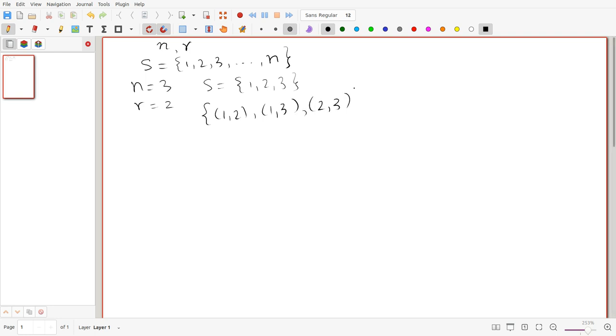So these three elements here are the three subsets of the set of size 2. And remember, it then asked us to sum up the smallest elements of each of these sets. And it says that the average of the smallest elements must be a simple expression. And you know what? This is what the problem claims.